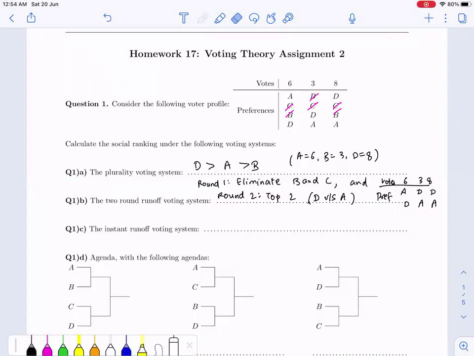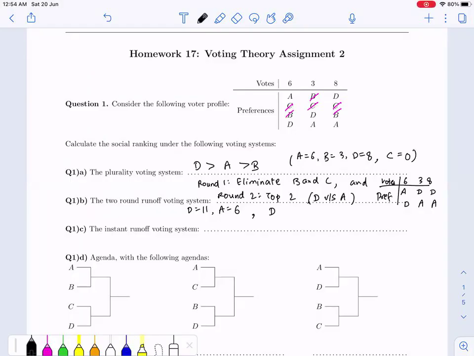Okay. So in round two, D gets 3 plus 8, which is 11 votes, and A gets 6 votes. Also, sorry, in this one here, you also have C as an alternative.